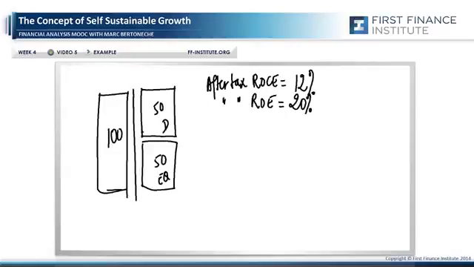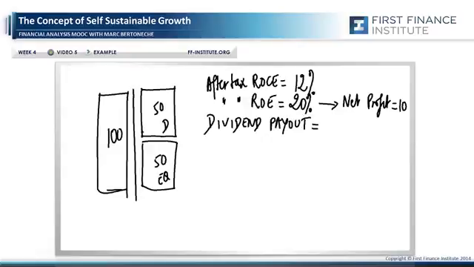Now, let's assume that this company has a dividend payout ratio. The dividend payout ratio, as the name is saying, is what is the proportion of profit that you are paying in dividend. You remember that the net profit was 10. That's where you get this 20%.